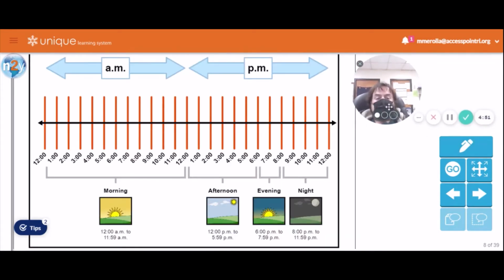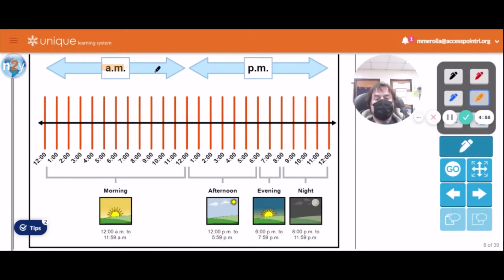On this next page, we are talking about AM and PM. The AM is in this area here, and it is the morning.